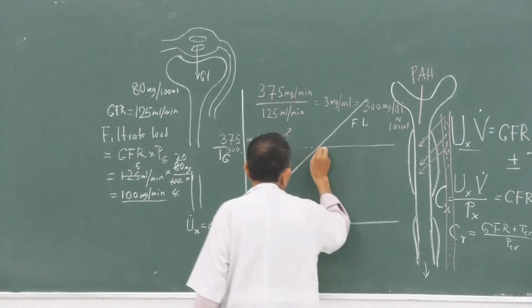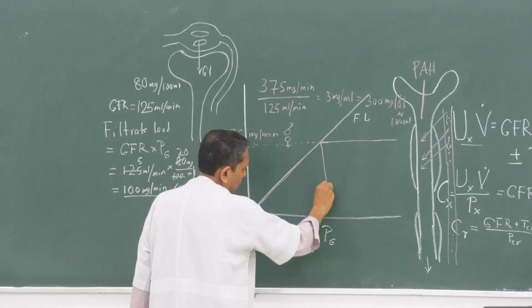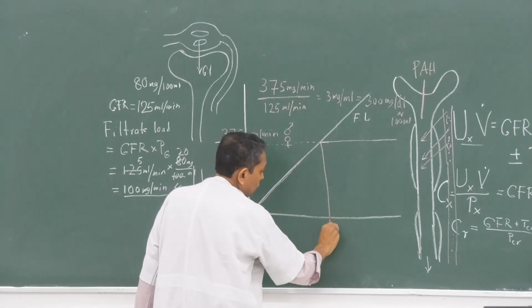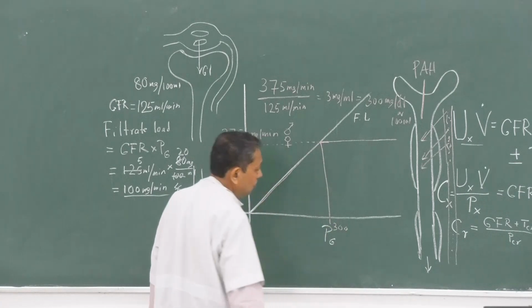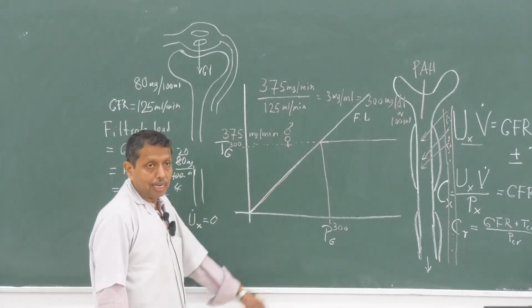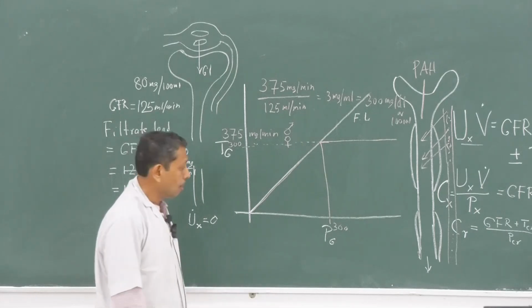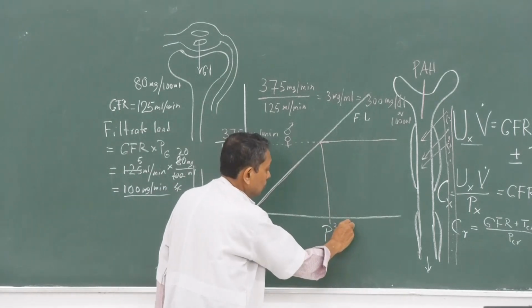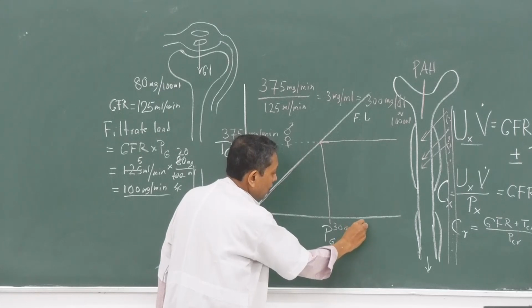So this value upon this, it is 300. Plasma concentration of arterial plasma, renal arterial plasma or cerebral arterial plasma. Milligram per deciliter.